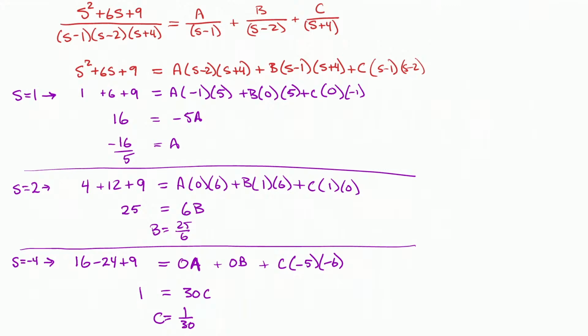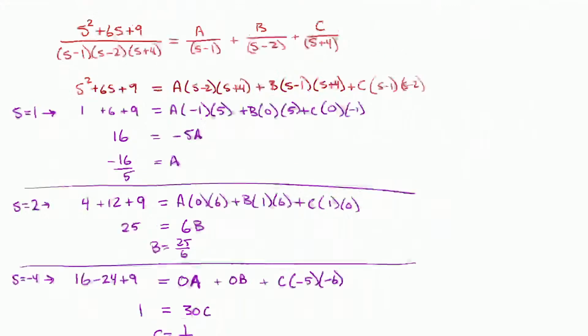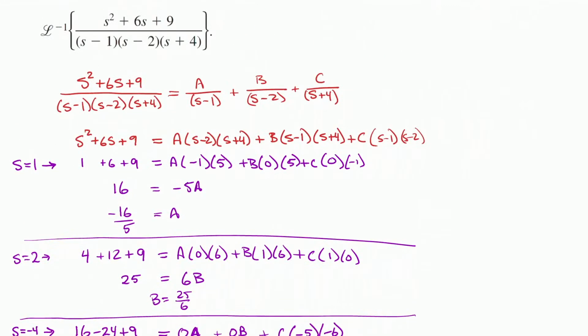So you can do the partial fractions. Now, here's the beautiful thing about the partial fractions. Once you have them, then this Laplace transform is almost done. This becomes A, so notice that this A is associated with S minus 1, so that would be negative 16 over 5 times the inverse Laplace of 1 over S minus 1.